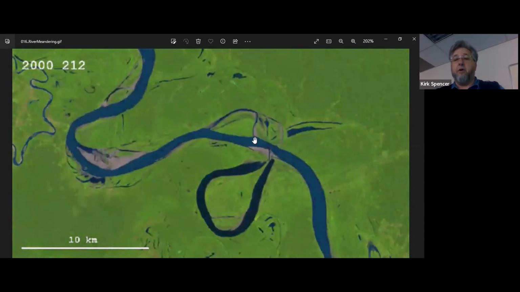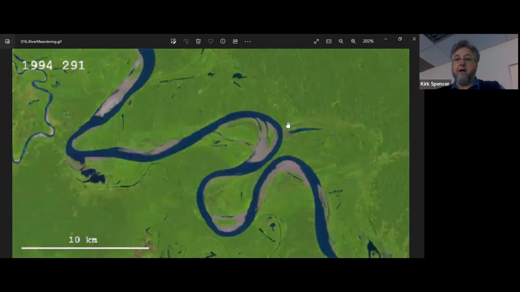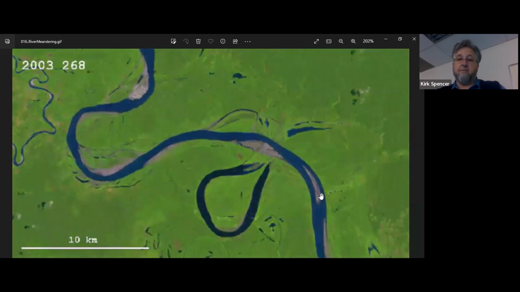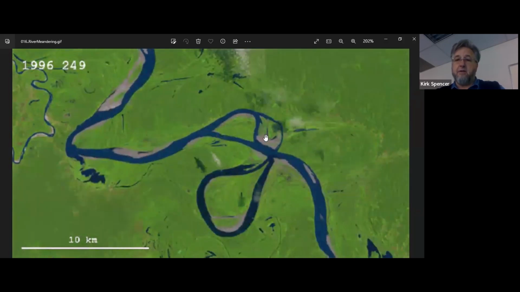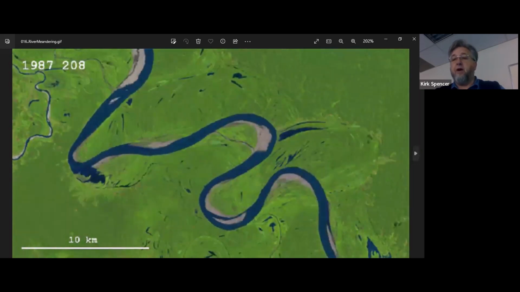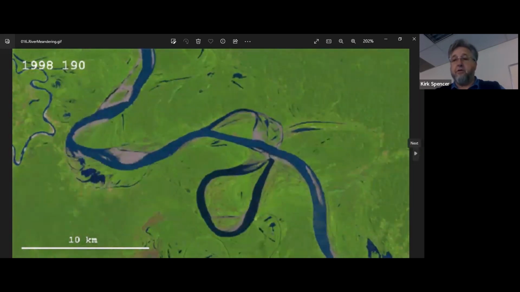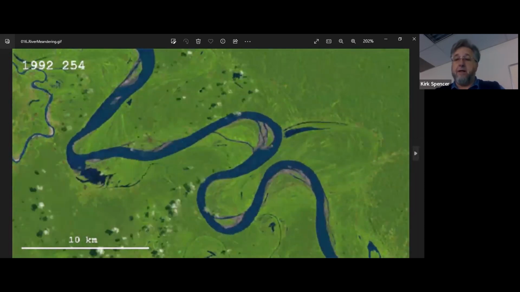You can also see the point bars forming and the cut banks moving out. See the cut bank moving out here? Right there, moving out, forming a point bar. It's just due to the change in velocity of the river, which is due to conservation of angular momentum around the bend.